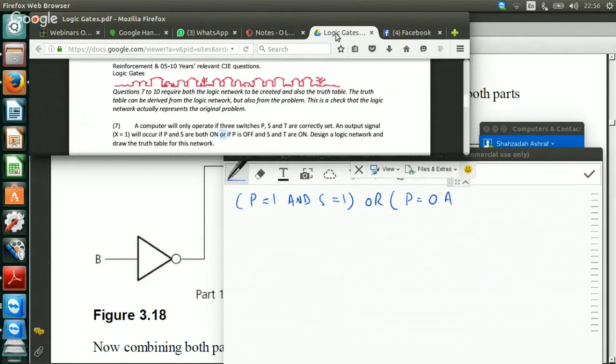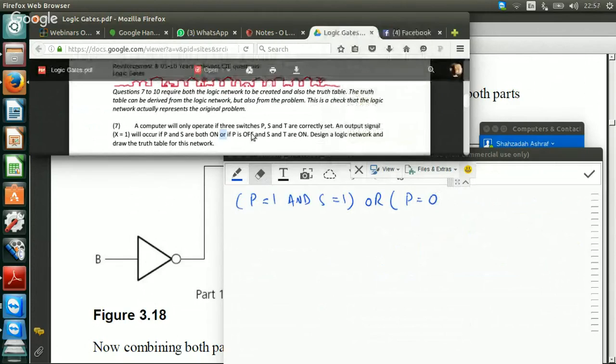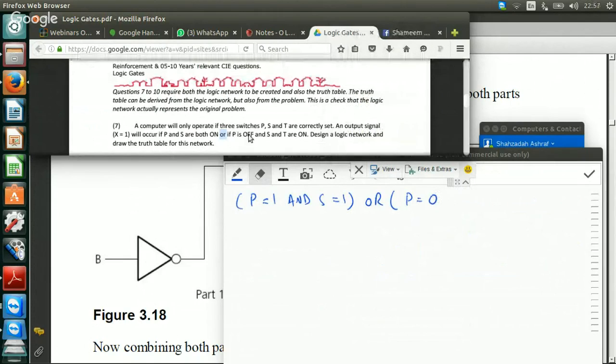One more thing that is very important: when they mention that P is equal to 0, just like here, you will not write down 0. When we say off means 0, instead of 0 we will write down not 1.